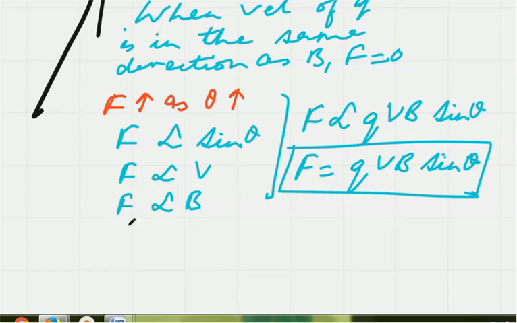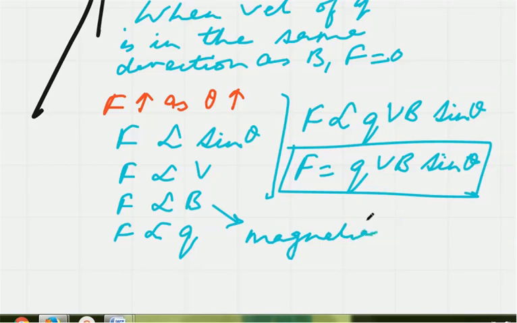F is proportional to velocity, to magnetic field B, and also to charge Q. Q is the charge, V is the velocity, and B is the magnetic field.